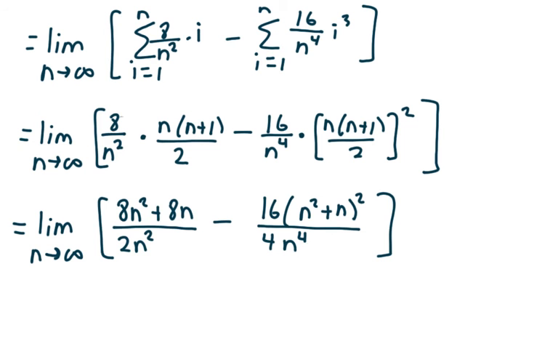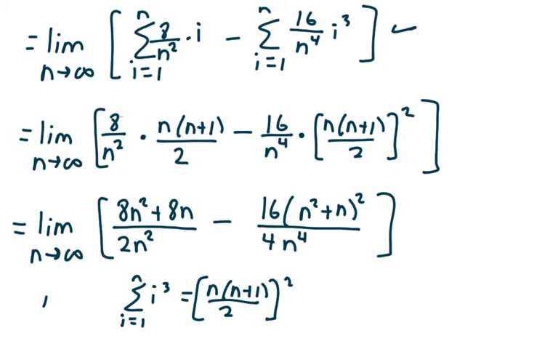And so I break up that sum accordingly. Remember that the summation from i equals 1 to n of i cubed is n times n plus 1 over 2 quantity squared. So I'm going to put that as a note here. And that's what I did down here.